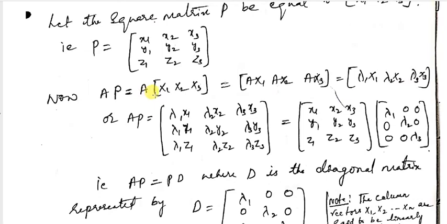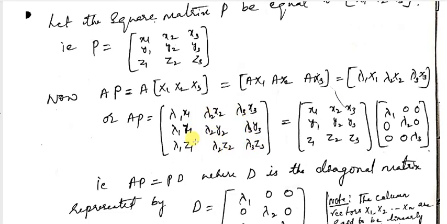AP gives A times the matrix P, that is x1, x2, x3, which can be taken as Ax1, Ax2, Ax3. Since Ax is equal to lambda x, this is equivalent to lambda 1 x1, lambda 2 x2, lambda 3 x3, and similarly lambda 1 y1, lambda 2 y2, lambda 3 y3, lambda 1 z1, lambda 2 z2, lambda 3 z3.